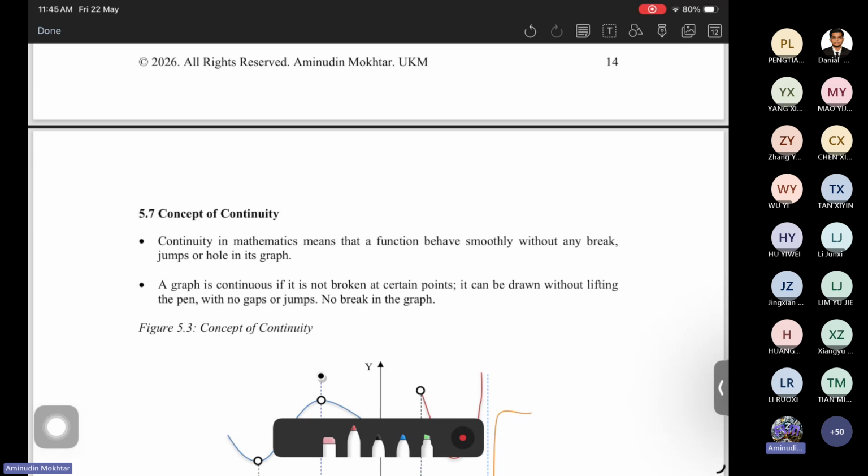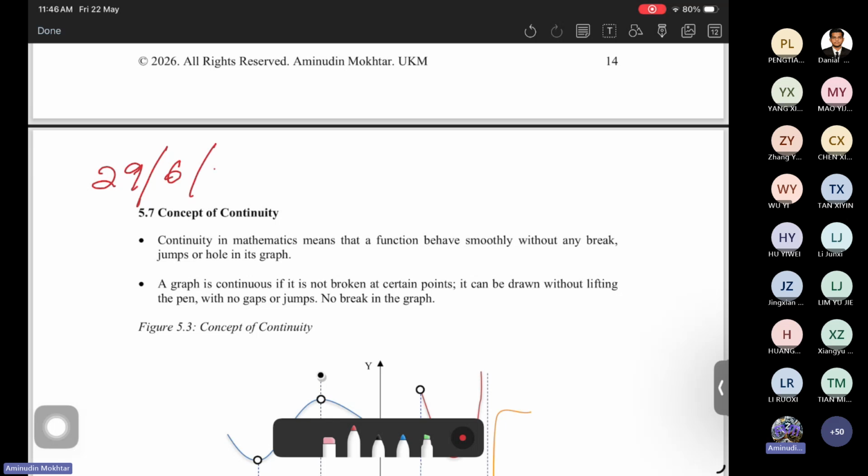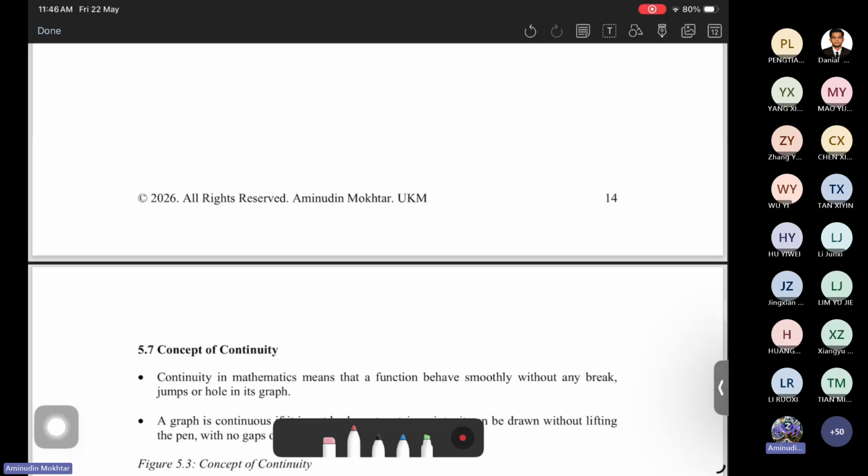I will decide later whether it is in the morning or afternoon, and inform you in our WhatsApp group as usual. So this concept I will continue next week on Friday, 29 June. I think that's all for today.